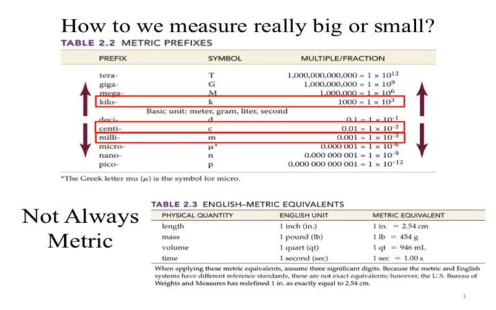So if we have a terameter, the way this table works is that 1 terameter equals 10 to the 12th meters. So our power of 10 will always go in front of the base unit, not the one with the prefix.